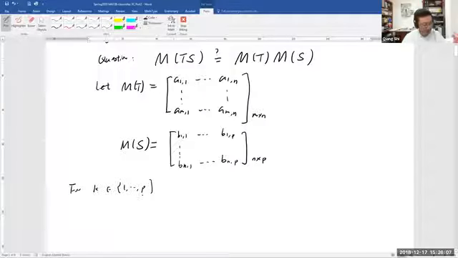Remember TS is from U to W. Maybe I should put here that TS is from U to W. So the matrix associated with T times S must be: you write down each basis vector in U, and then write that as a linear combination of W. And those coefficients will define the matrix M of T times S. All right, so that's our idea.